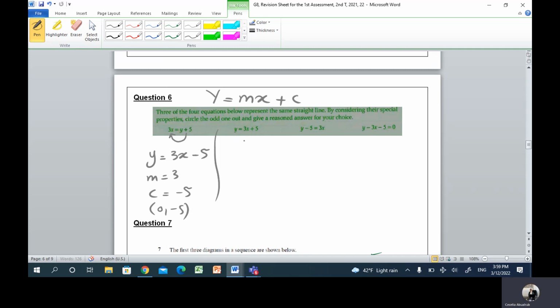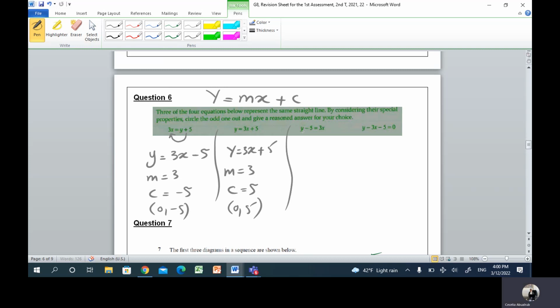If we go to the next line, it's already written in the exact same form of y equals mx plus c, so y equals 3x plus 5, which means m is equal to 3, c is equal to 5, and the y-intercept is (0, 5).